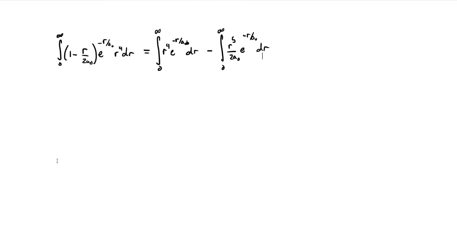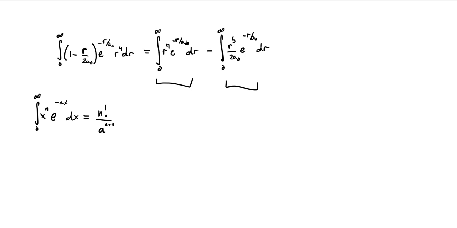If you look in appendix F, it's got a nice integral table. You can see that from 0 to infinity, x to the n e to the negative ax dx is equal to n factorial over a to the n plus 1.